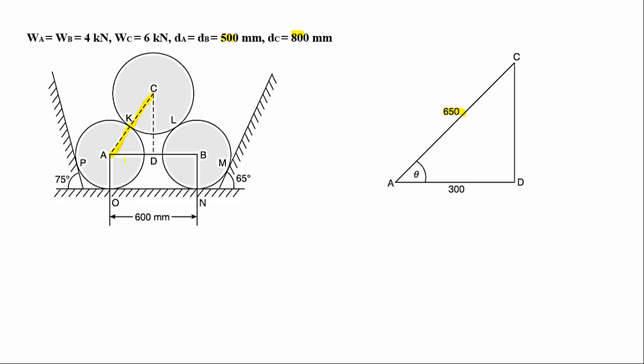Next, the total AB length is 600 mm, so half distance will be 300 mm. We have to calculate this angle theta. Cos theta will be equal to 300 by 650, so theta will be equal to 62.51. The reaction developed at point K will be inclined at an angle of 62.51 degrees with respect to horizontal.